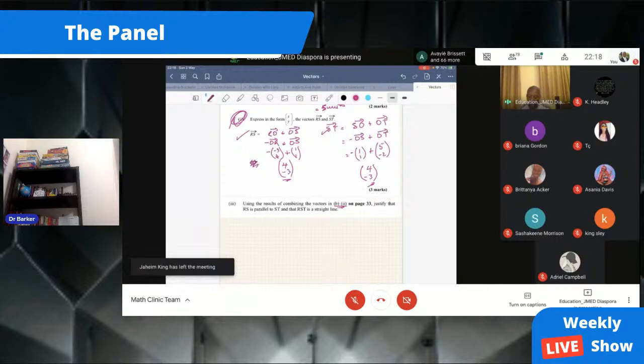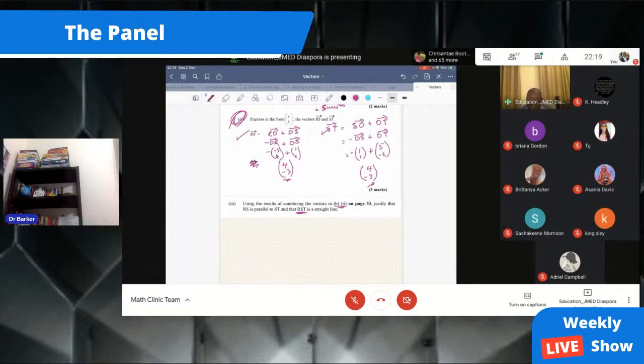We now need to find RST. What I want you to notice is RS and ST. If they ask us to say RST, that they are on a straight line.